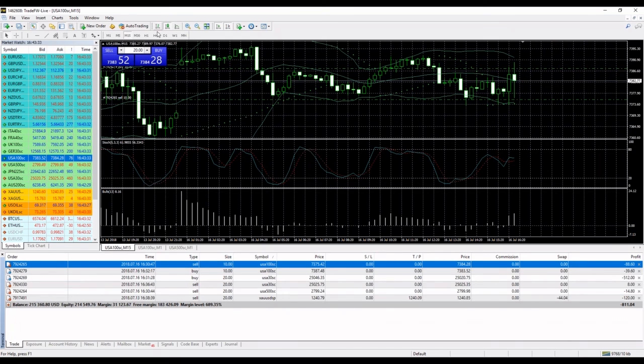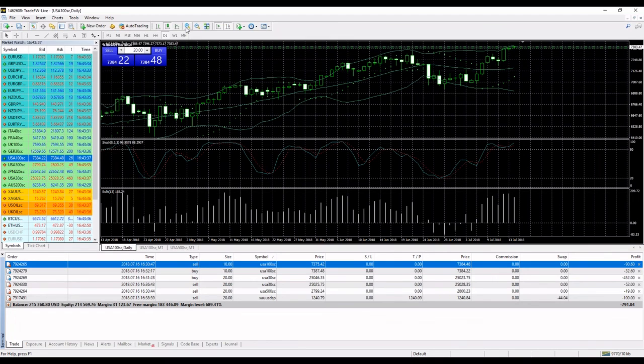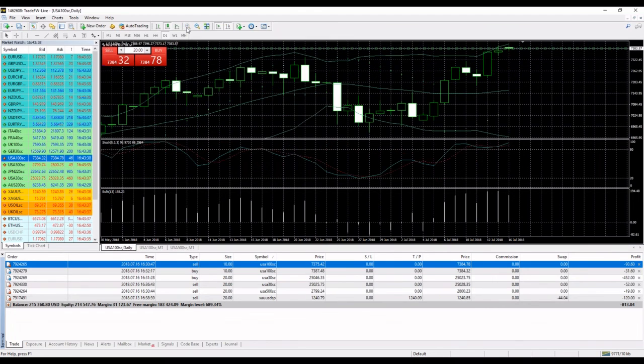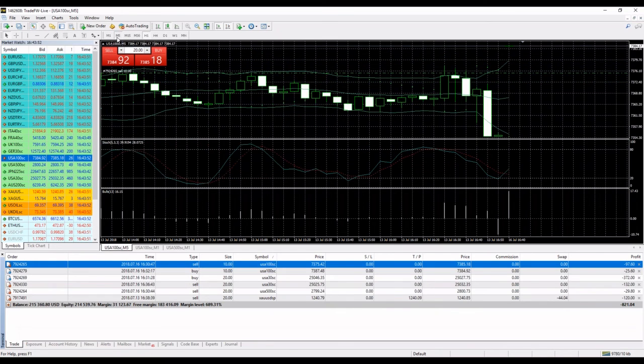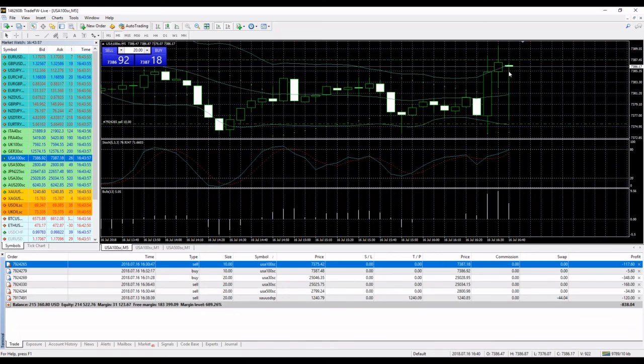You can't see it very well. Let's go a bit nearer. No, you can't see it very well. The movement is quite big, my hedging gap is quite big. I have to close the position. Now we are going higher on USA 100.